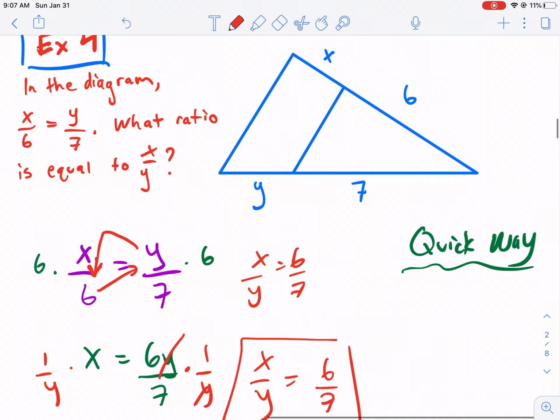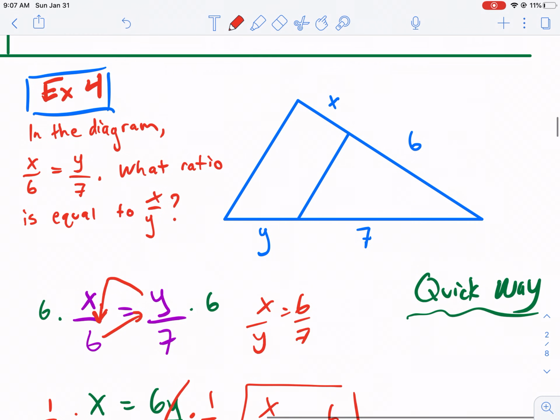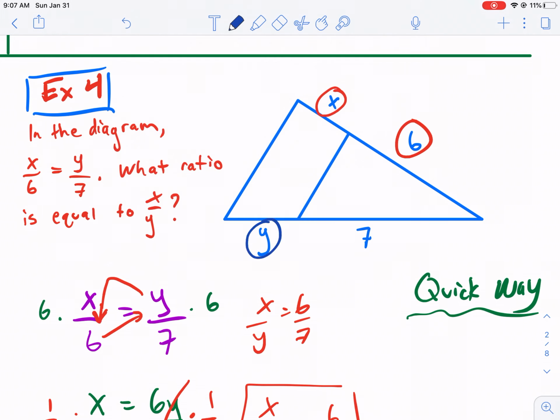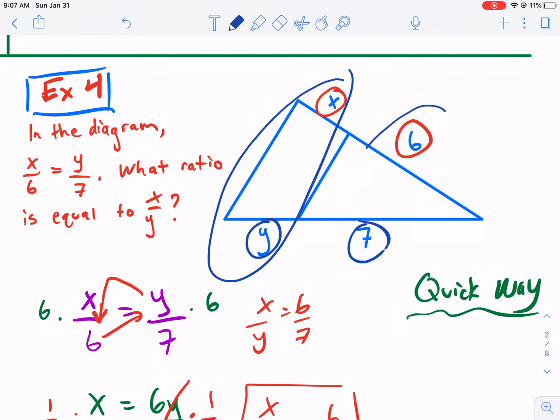The quickest way, and I think this is the most beneficial, is if we know that x to 6 is equal to, let me get a different color here, y to 7, okay, we can also say x to y is going to be similar to 6 to 7, because we have triangles being situated here.